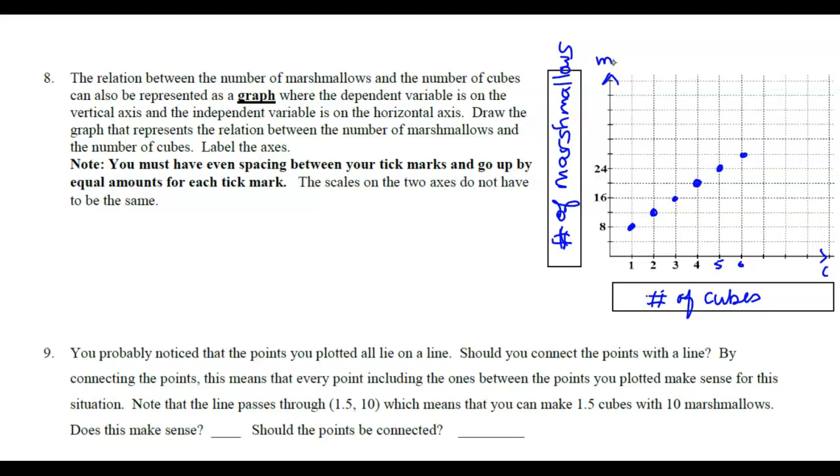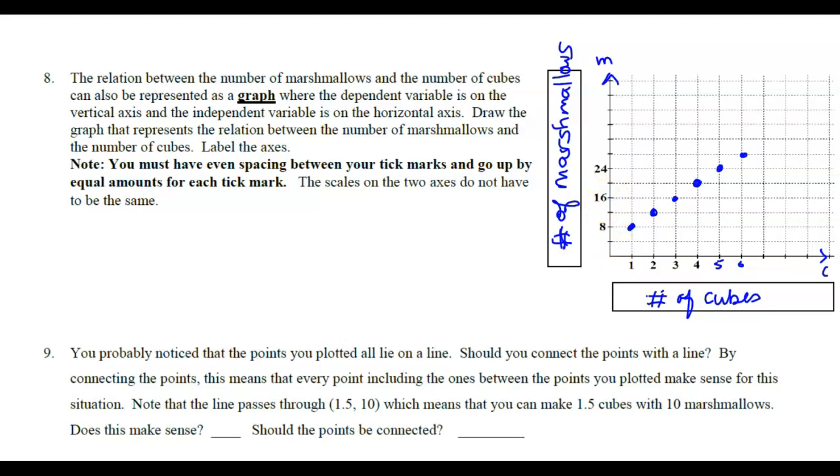Reminder that you must have even spacing between your tick marks, your grid marks, and go up by equal amounts for each. The scale on the 2 axes doesn't have to be the same. Notice how here 1 grid marking is 1 unit, but vertically 1 grid marking is 4, right? So it just has to be equally spaced.